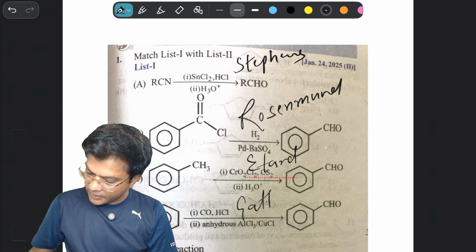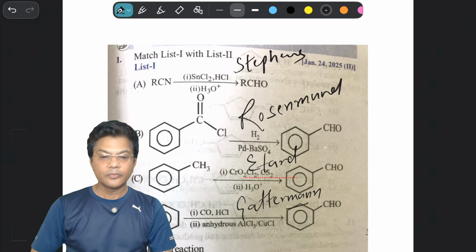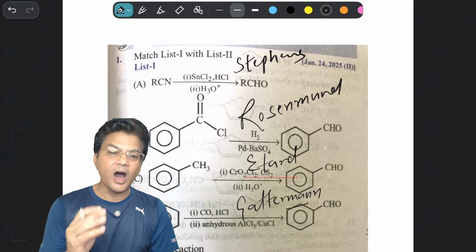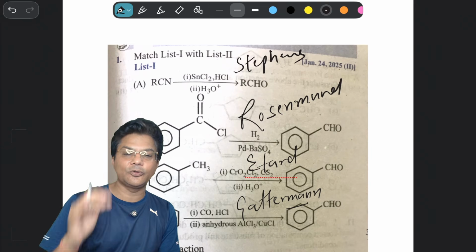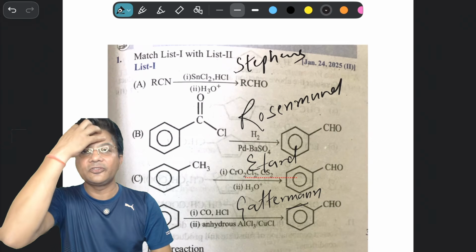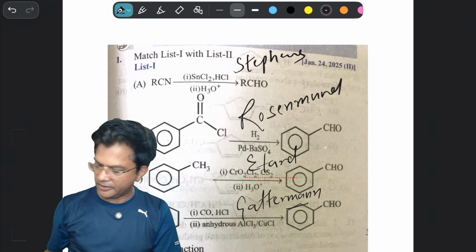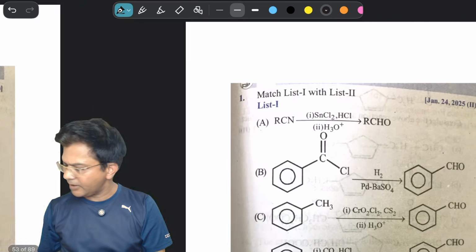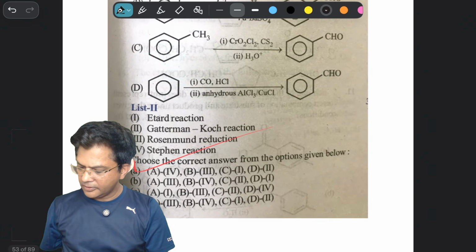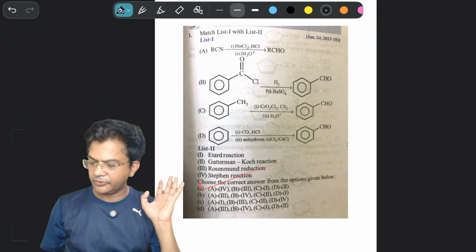Now, my dear students, these questions must be giving you confidence that these are neat and clean questions. In this way, this is the best revision, kids. So now you must have got the answer: A Stephen, B third, Rosenmund right. This is the right answer.